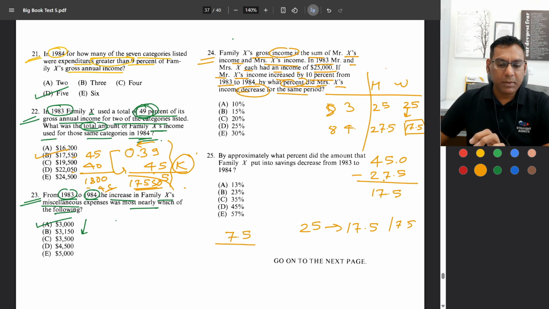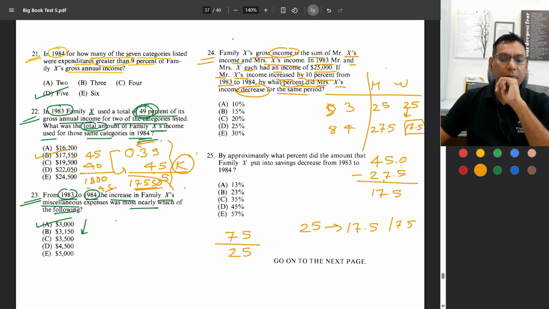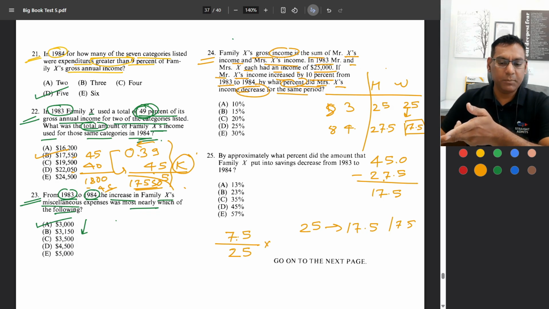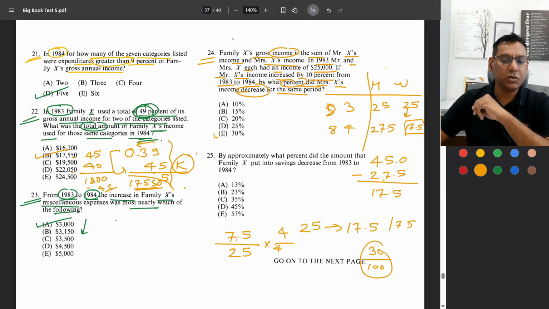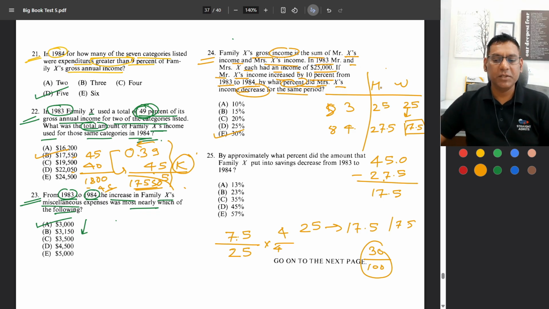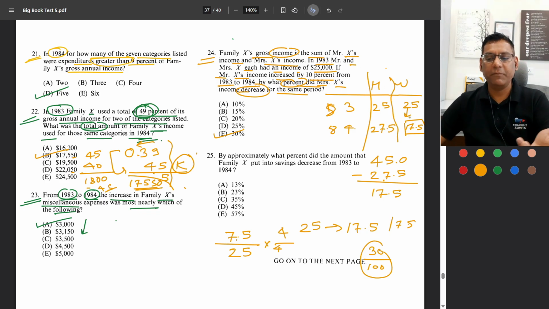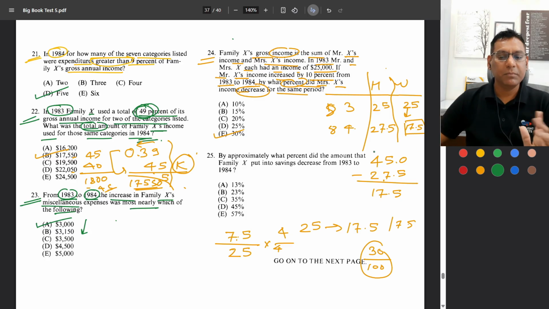It goes down by 7.5 on the base of 25, which is going to be 30%. Correct. If you multiply both by 4, you get 30 on the top and 100 on the bottom. So the answer is going to be 30%. This is a little calculation intensive. Also, Mr. X, Mrs. X, you'll have to come up with this table. Quite some calculation here.